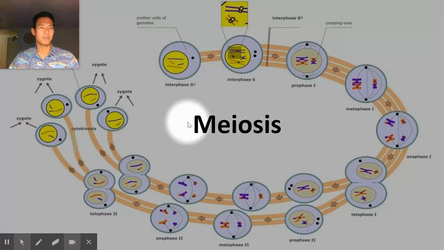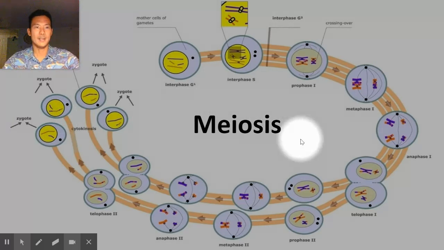You don't end up with the product of mitosis, you end up with four different cells that are haploid, or contain half the DNA of your normal cells. So the end product of mitosis is two identical cells with the diploid, or full set of DNA. Meiosis gives four different haploid cells, meaning half the set of DNA of your normal cells.